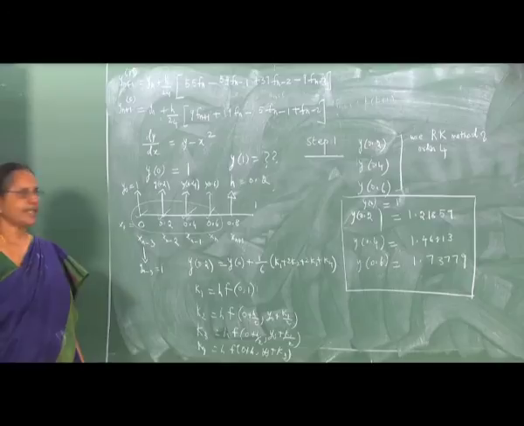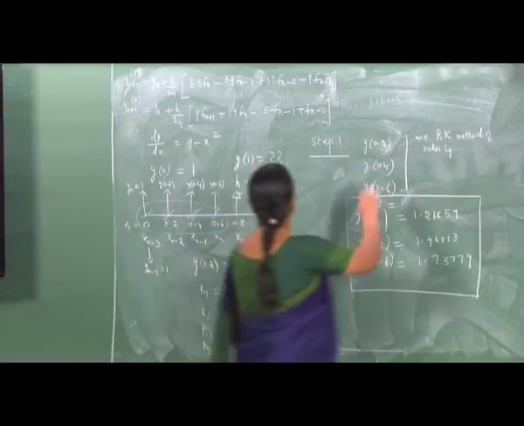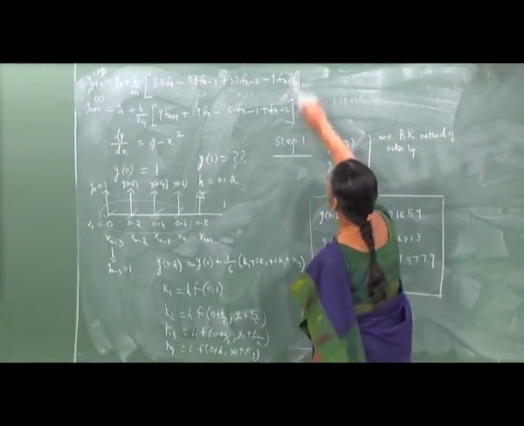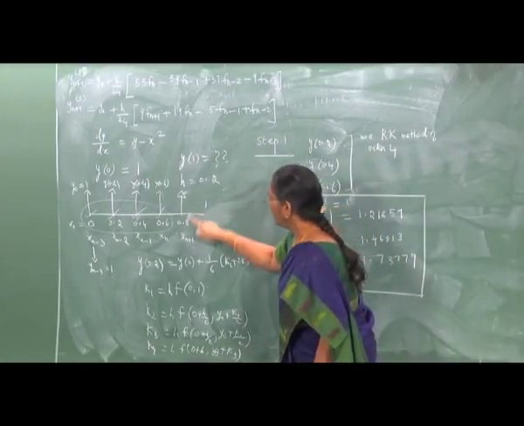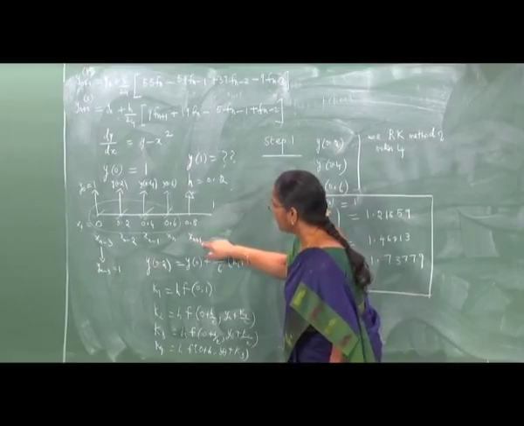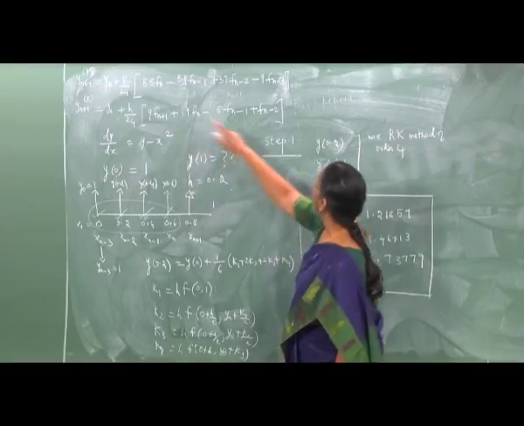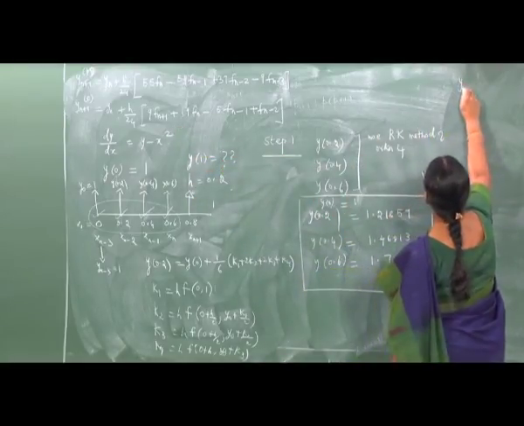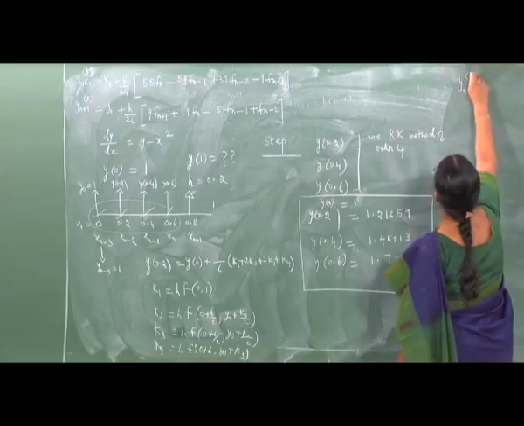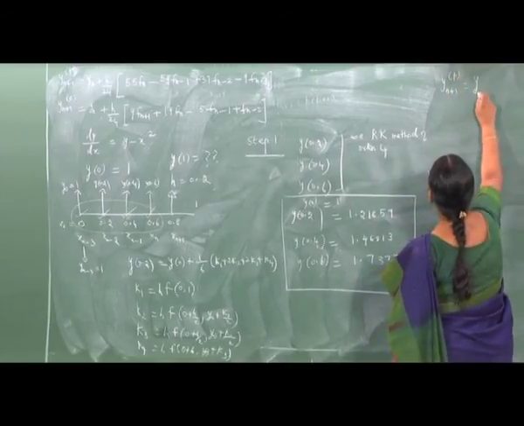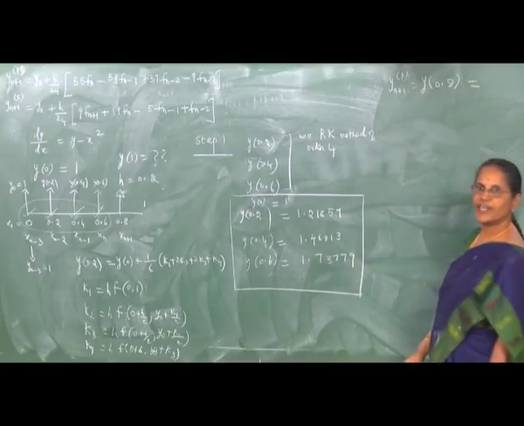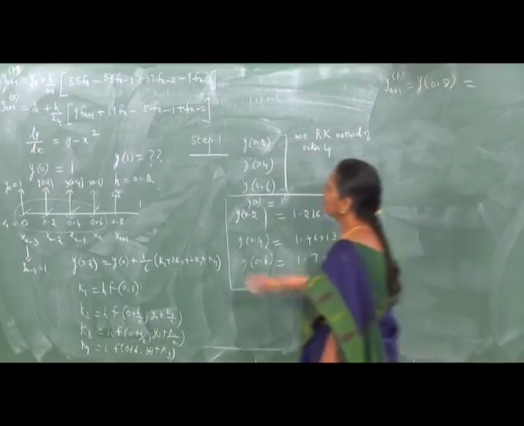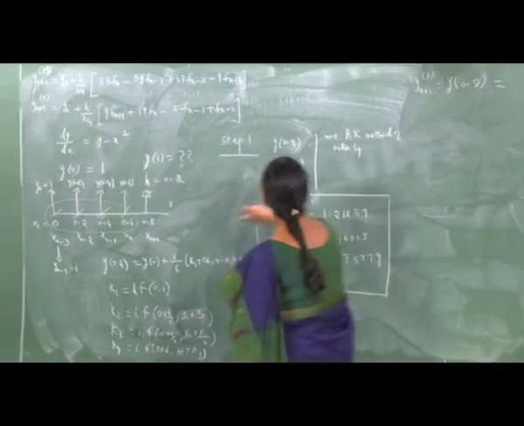using the predictor method. What does the predictor method say? This is a predictor, that is y n plus 1. So, I have called this my x n plus 1. The value of y at this point is what is denoted by y n plus 1. So, y n plus 1 predicted will give me y at 0.8 according to my notation, and that is equal to y n.